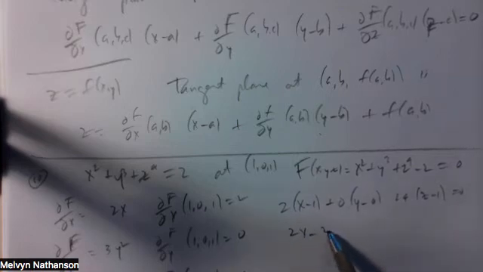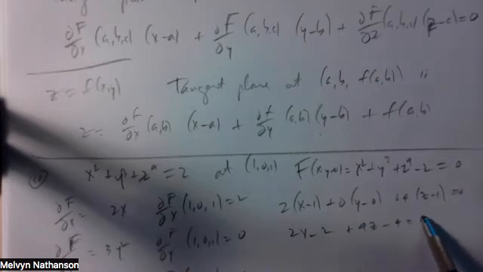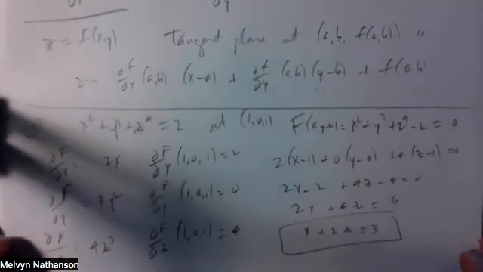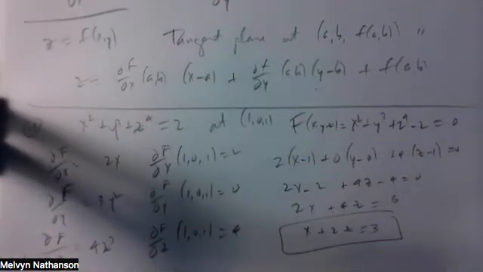This is 2x minus 2 plus 4z minus 4 equals 0. 2x plus 4z equals 6, or x plus 2z equals 3. So this is the equation of the tangent plane at the point 1, 0, 1. And at the point 1, 0, minus 1, you get slightly different numbers and a slightly different tangent plane.